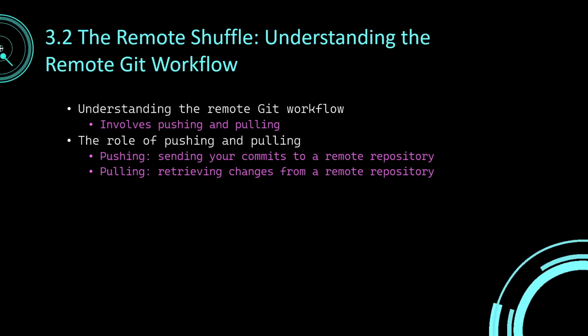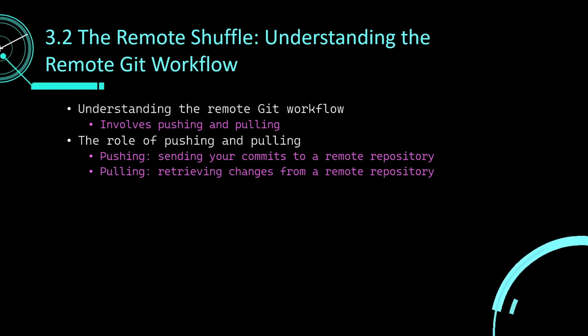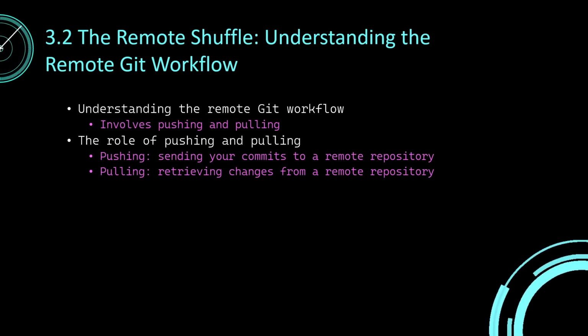Conversely, pulling is the mechanism by which we receive updates from a remote repository. This is how we integrate modifications by other people into our local version of the project. So by pulling, you're essentially saying, I acknowledge your updates and I'm ready to incorporate them into my local work. The commands git push origin branch and git pull origin branch are your basic tools for pushing your changes to the remote repository and also pulling changes from the remote repository.